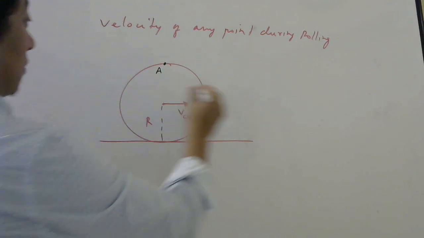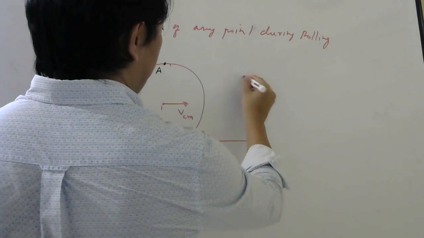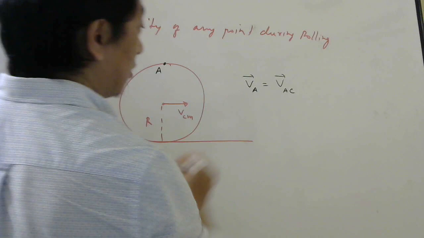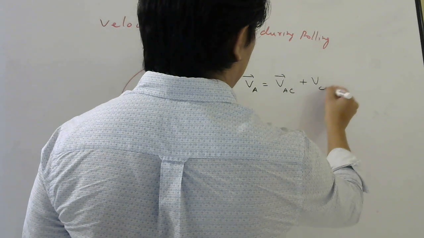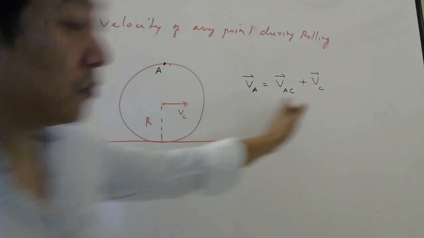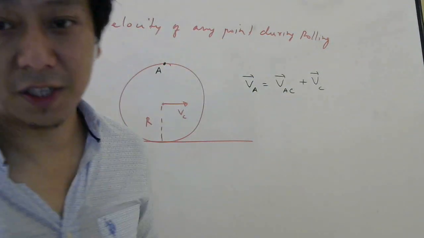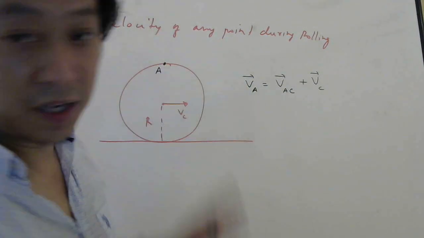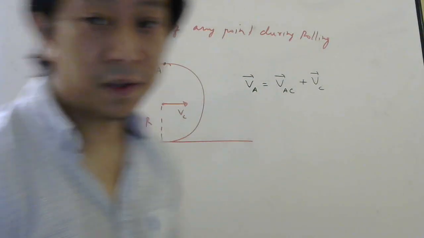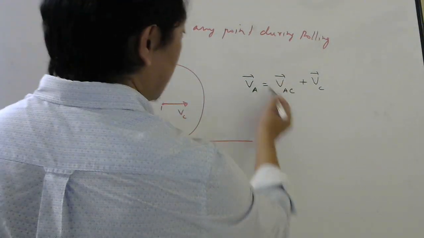Now the velocity of any point A will be the velocity of point A with respect to center of mass plus the velocity of center of mass. This is what we know from the relative velocity concept, right? I have taken this point A, you can choose another point also. So this is the formula. Now this is with respect to what? Center of mass.